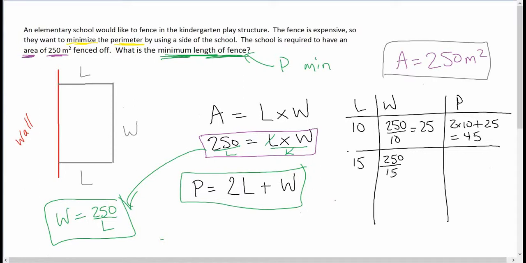I could reduce the fraction pretty easily, but if we want a decimal, this is a little bit trickier. 16.6 continuing. If you wanted to round it, you could do 0.67. And now for the perimeter, it's 2 times the length, which is 15, plus 16.6 continuing.